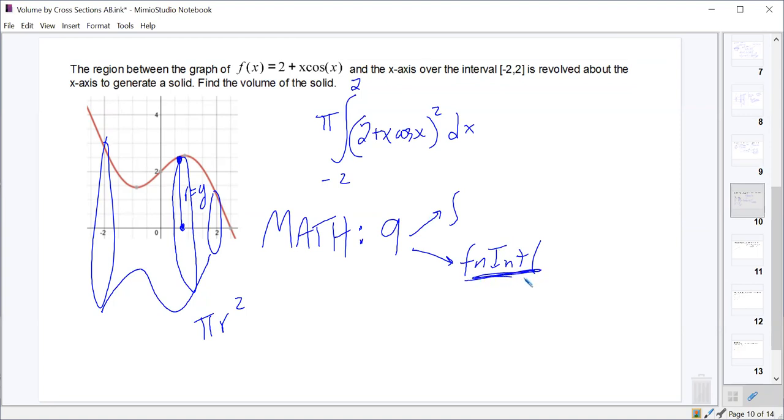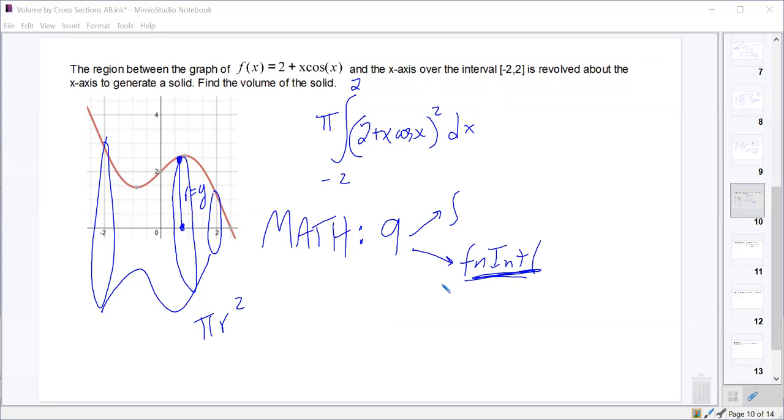Do any of you have a calculator that tells you f(n) int when you hit enter? Anybody? Nobody? Yes. Okay.